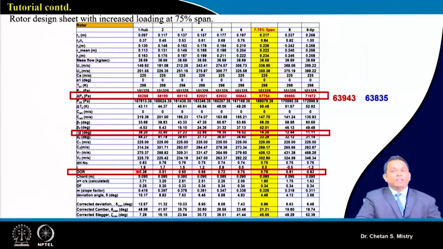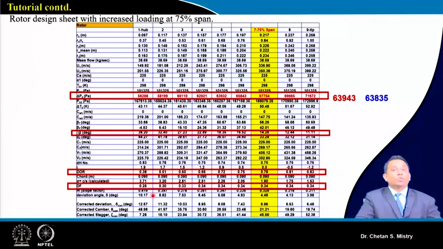But maybe when we were discussing the low speed configuration, this was a problem. So accordingly we were modifying our delta P0 at the hub. This is in a reasonable range, we can say 0.38, and at the tip it is coming to 0.83. Now the diffusion factor is also modified.